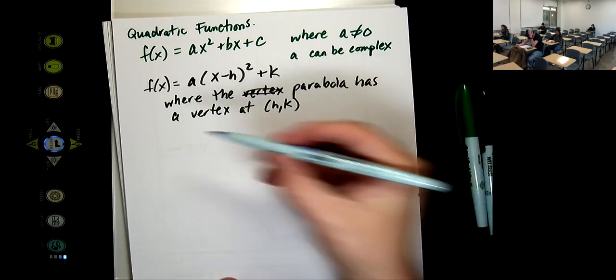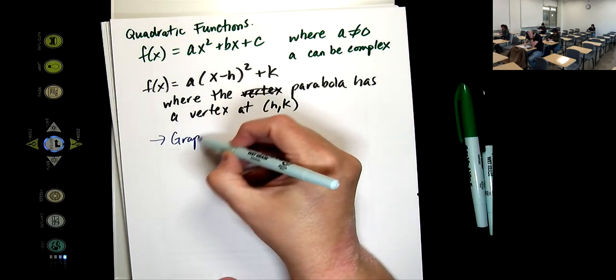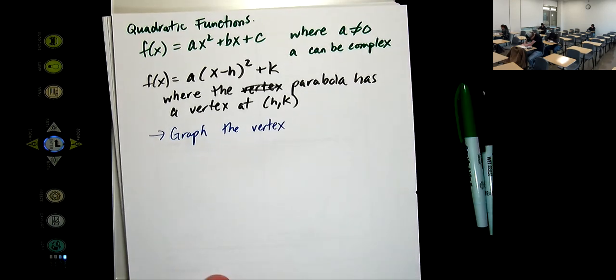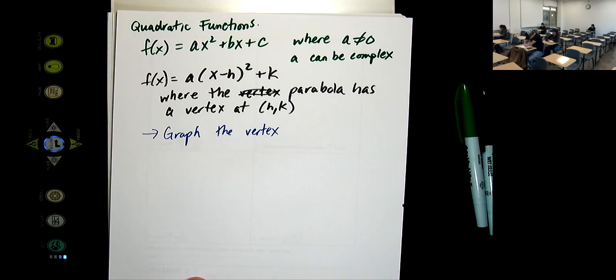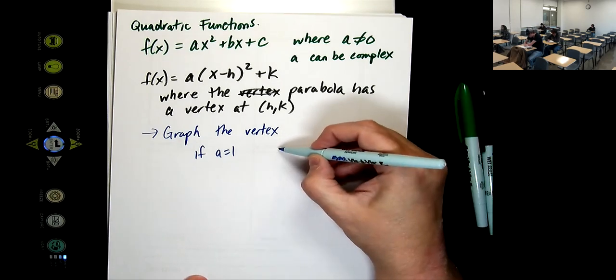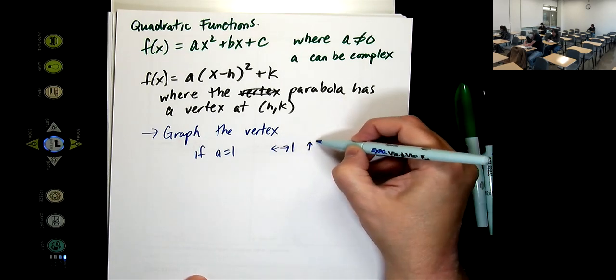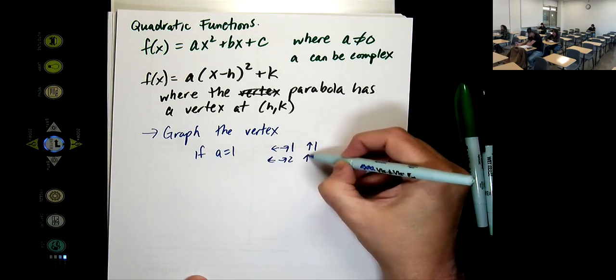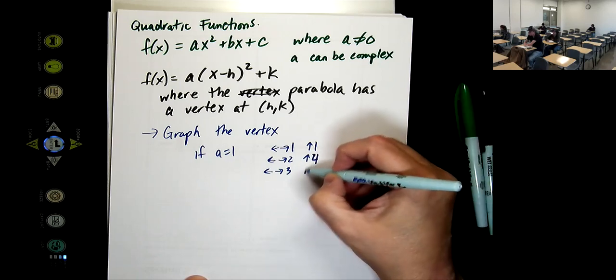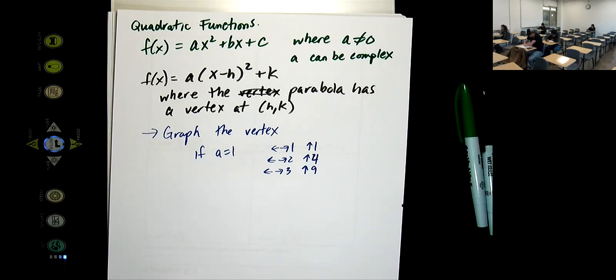And a common way of graphing these is graph the vertex. If a equals 1, this is where we did the left or right 1, up 1, left or right 2, up 4, left or right 3, up 9. And so we could plot more points, draw our parabola.